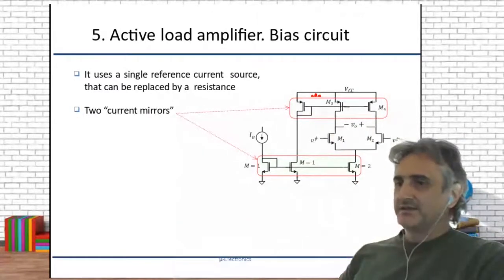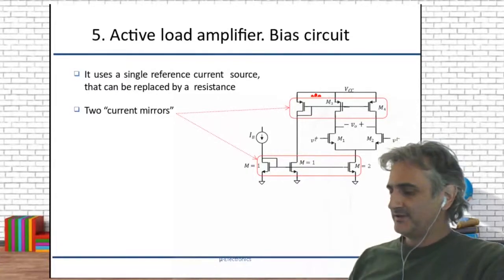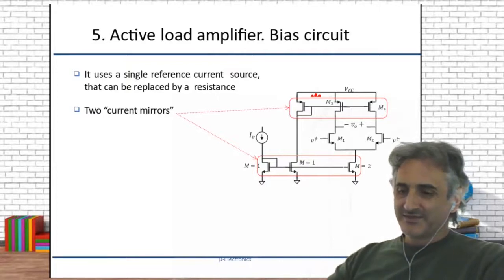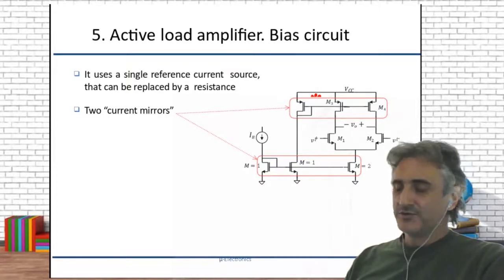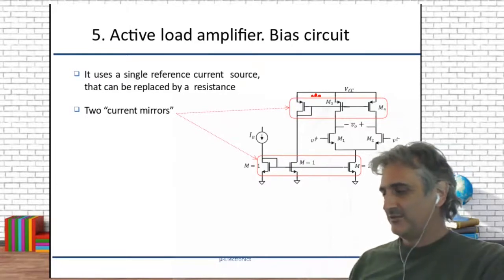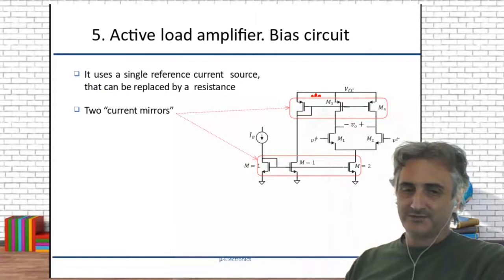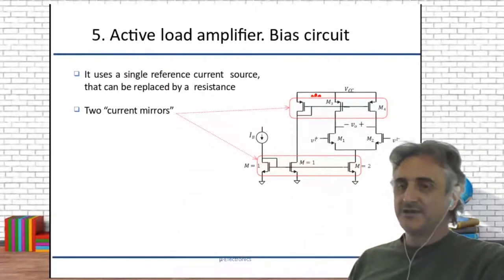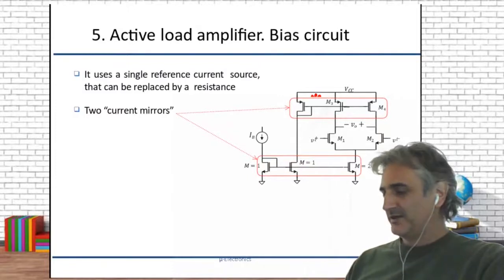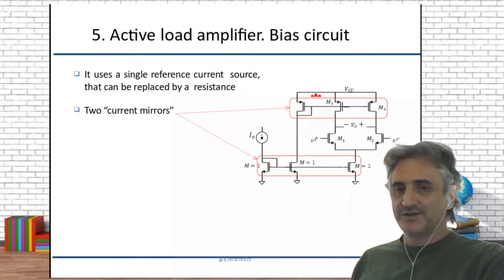But current mirrors are probably the second most important circuit or transistor configuration in all analog electronics. And if you belong to a given school of thought, maybe they are more important even than differential amplifiers. If you are Swiss, maybe current mirrors are more important than other things.